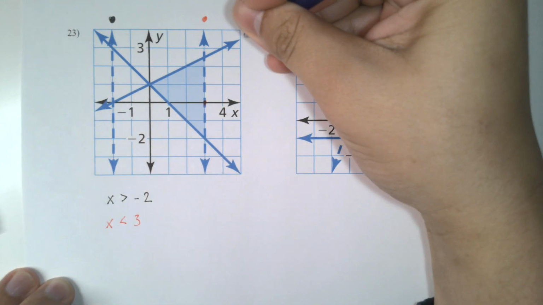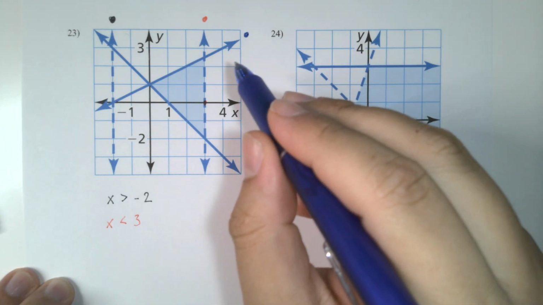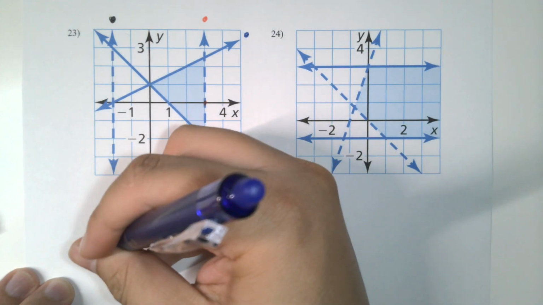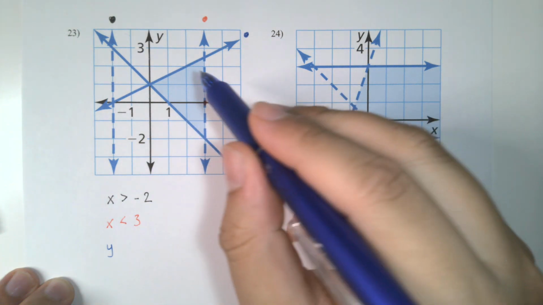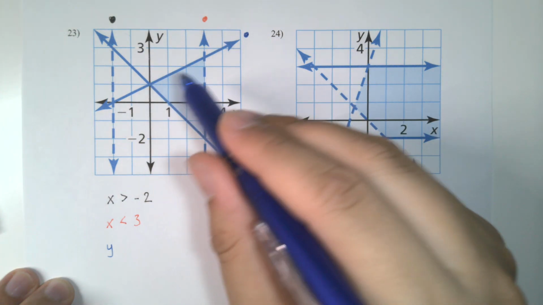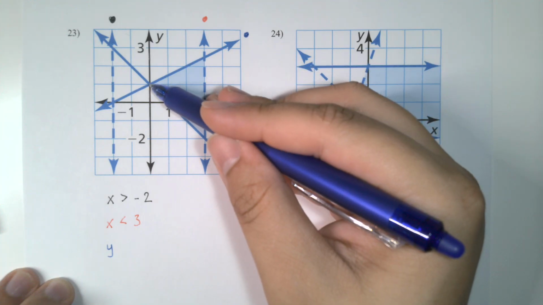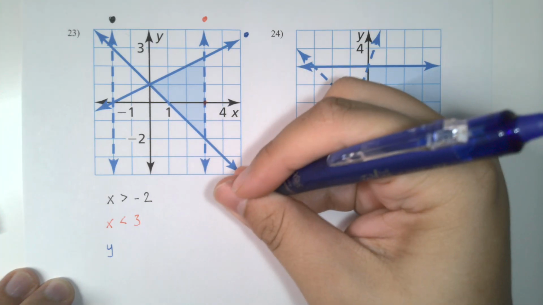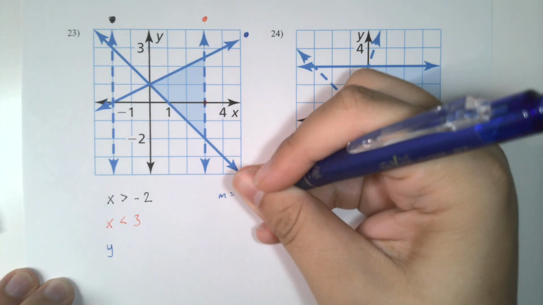Next, we have the blue line here. So this one we're going to have to write as y because it's not a vertical line. And the slope of this line, notice that if we start right here, we have to go over 2 up 1.